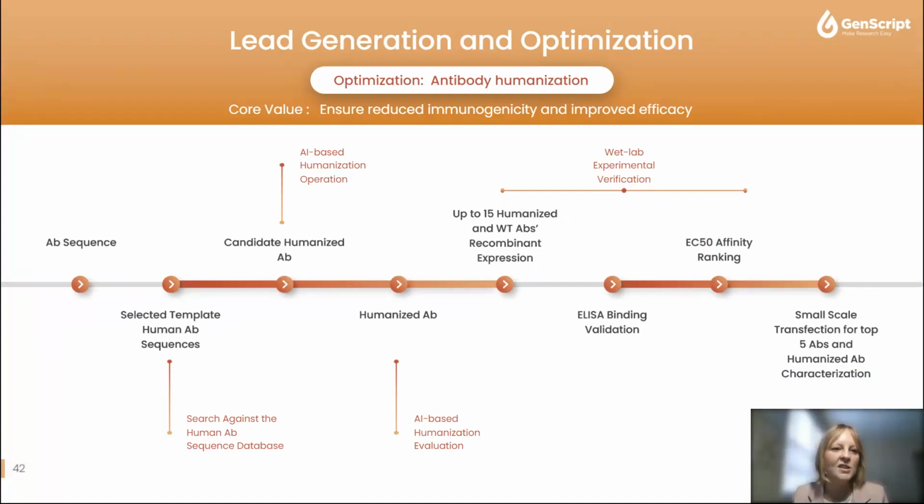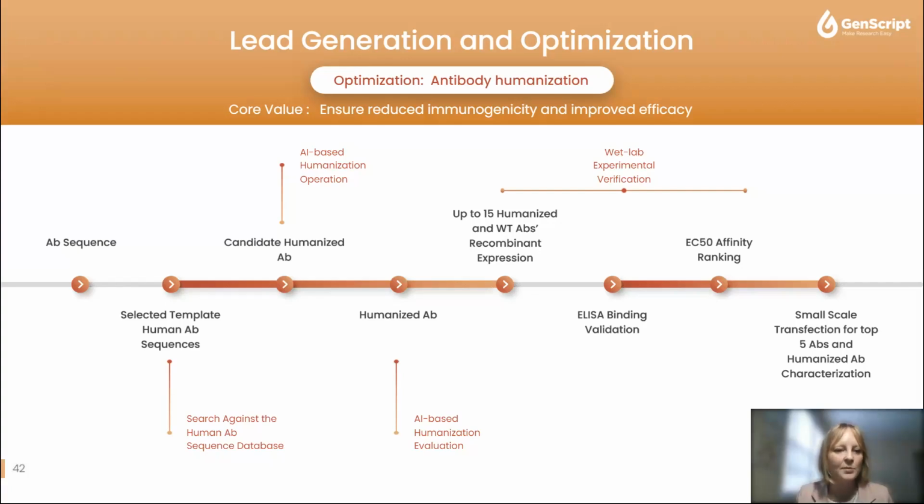Humanization technology allows us to optimize antibody candidates for that enhanced efficacy and reduced immunogenicity. Once we have the antibody sequence, the processes are based on internal computational algorithms and molecular modeling to modify those non-human antibodies to make them more compatible with the human immune system while preserving their target binding characteristics.